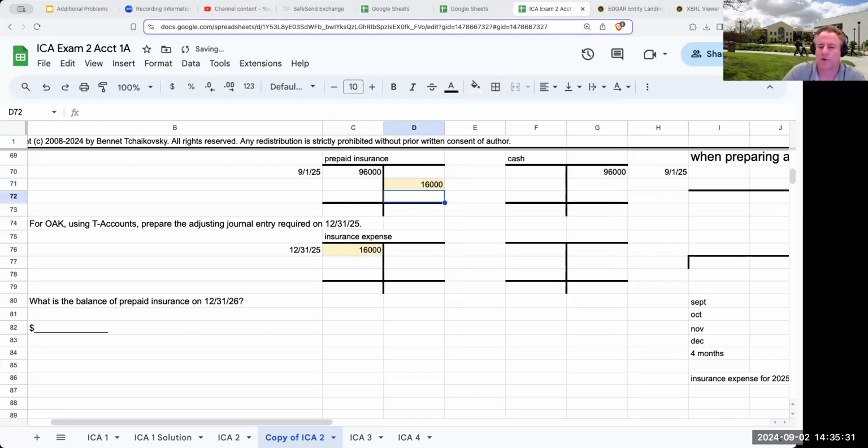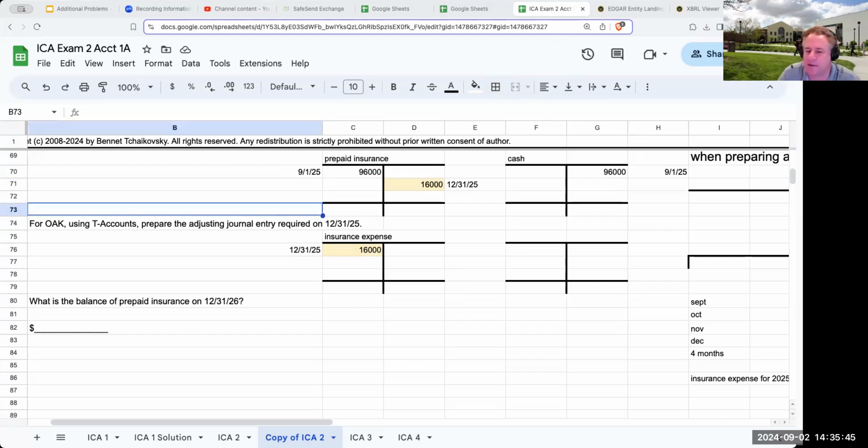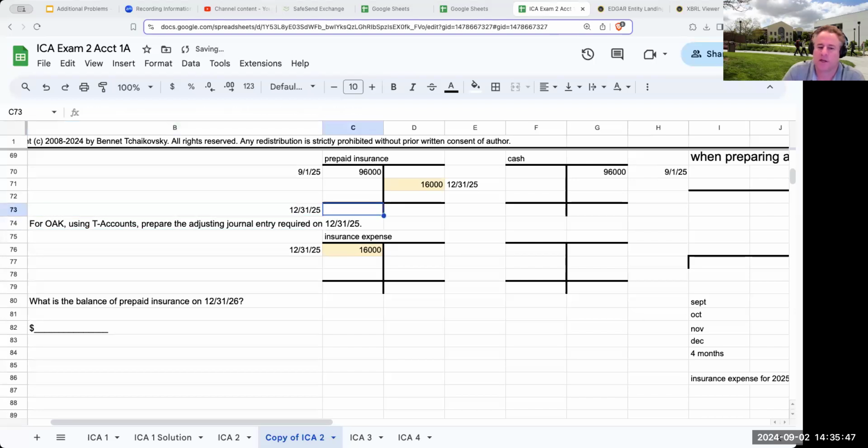So over here, I'm debiting insurance expense as of 12/31/25. So when I look at this, it's like, okay, what's the ending balance in my prepaid insurance account? Well, I used up 16,000.